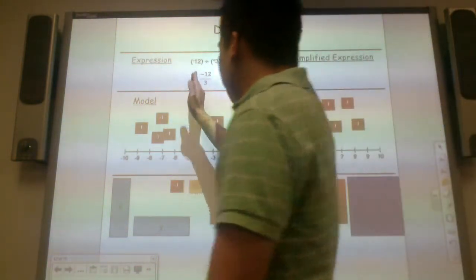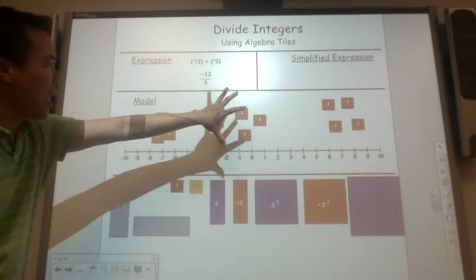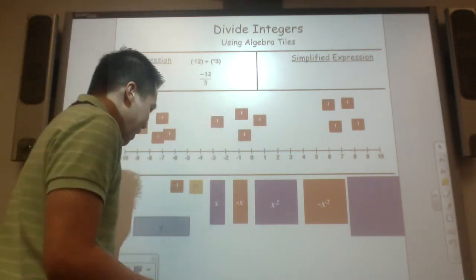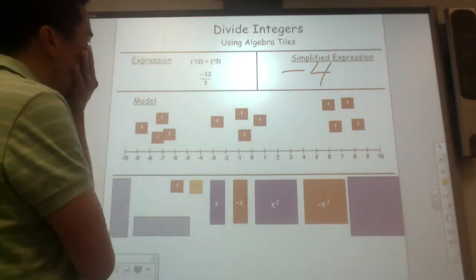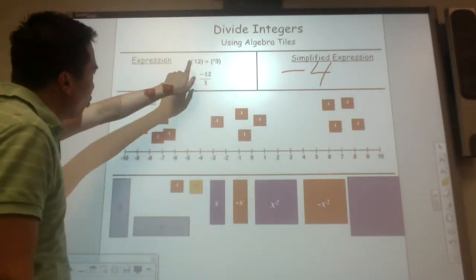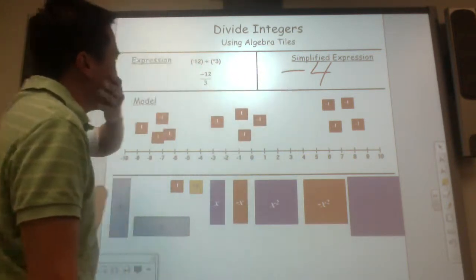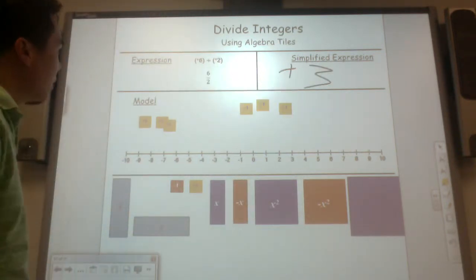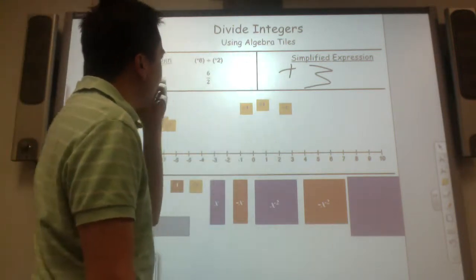So I divide it into 3 piles or 3 groups. How many do you have in each pile? You have 4 negative. That's weird. When you have a negative and a positive, when they're different signs, the answer is negative. Let's go back to the other one. When the signs are the same, the answer is positive.